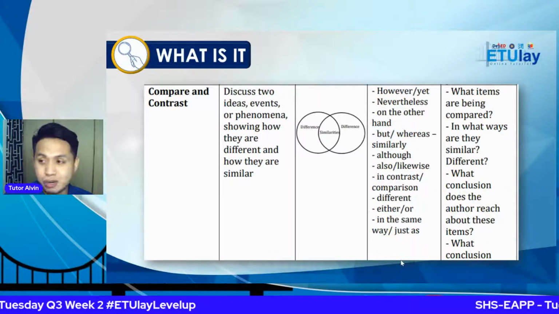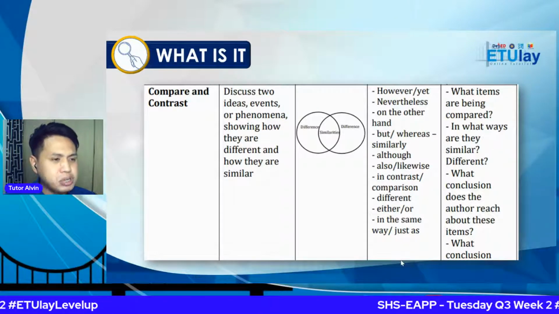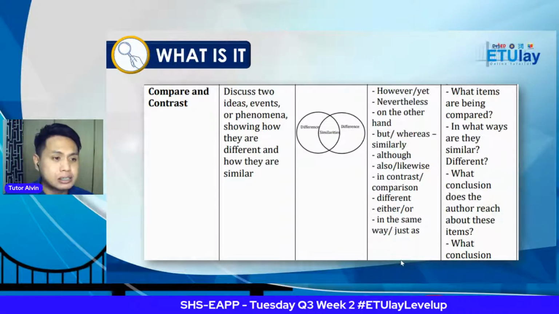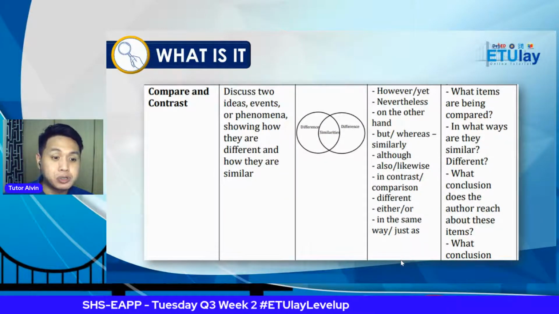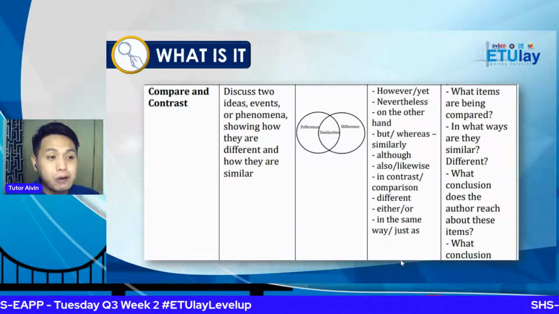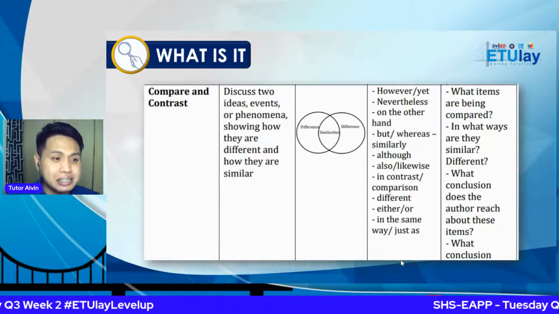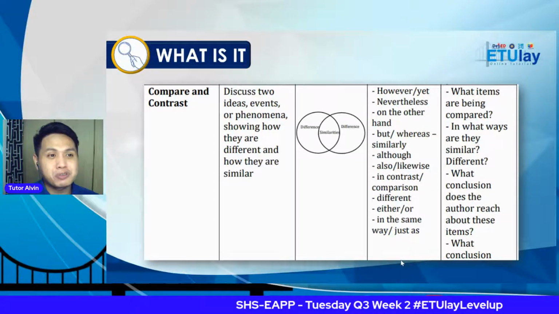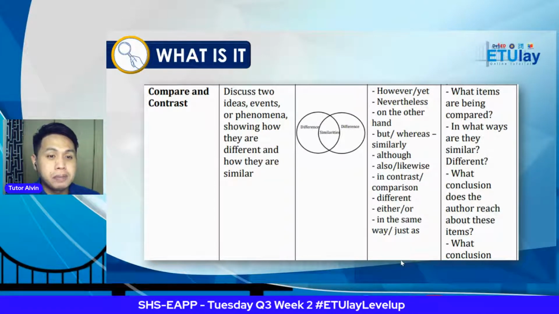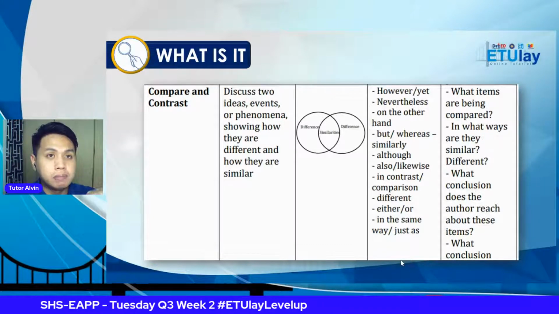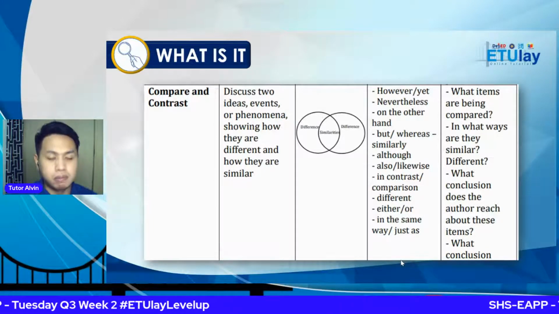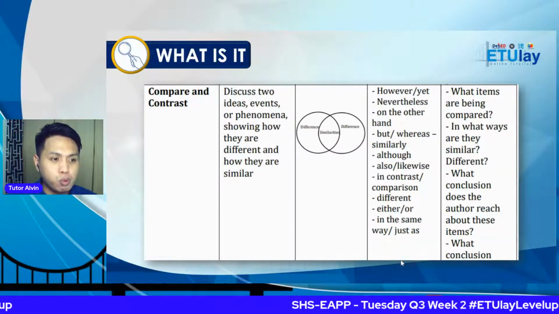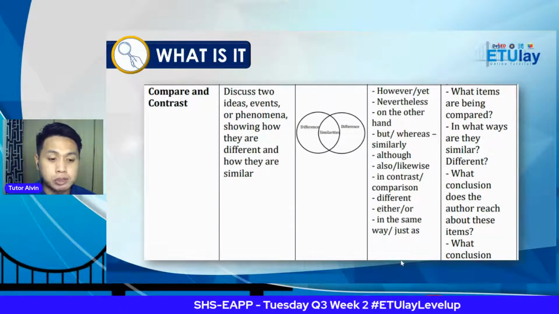or the next text structure. Next, we have the compare and contrast. In the compare and contrast, compare, contrast, comparison, contrasting, we are discussing two ideas here. Of course, two. But remember, comparing and contrasting can also occur among three or more ideas, events, or phenomena, showing how they are different and how they are similar.